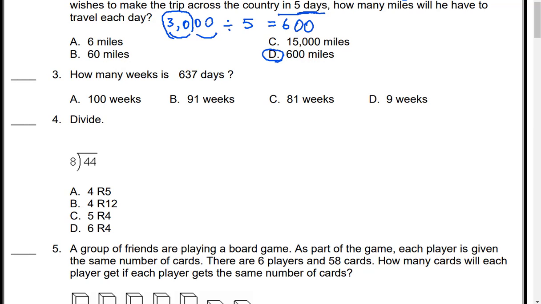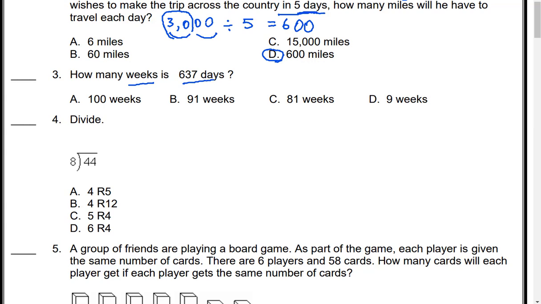How many weeks is 637 days? How many days in 1 week?